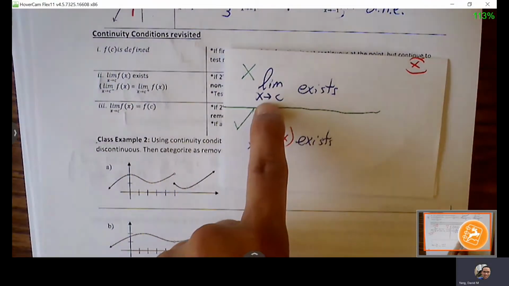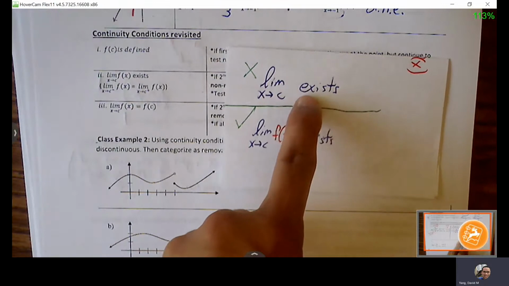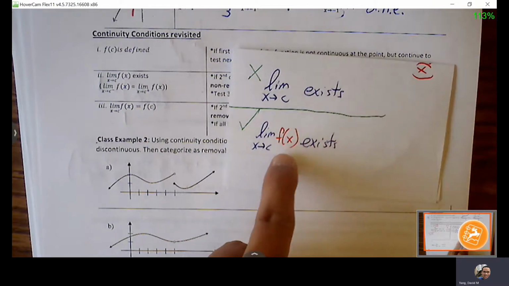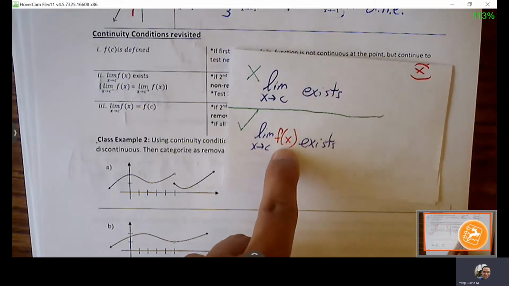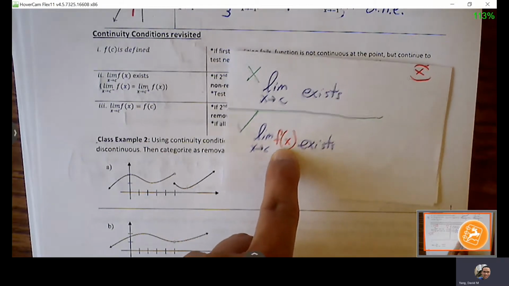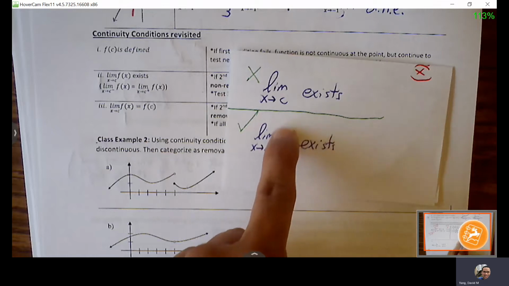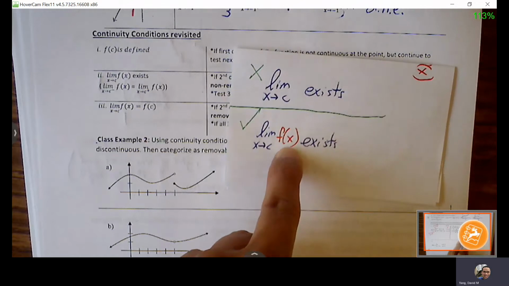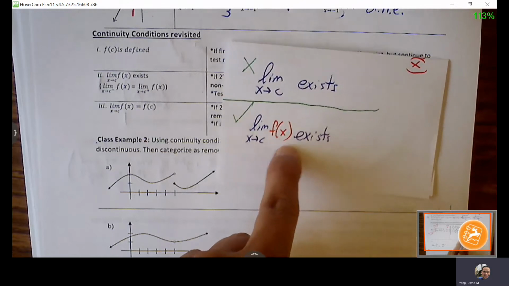I know a lot of times we say it this way: the limit as x approaches 3 exists, but we have to have something here. You have to reference a function or an expression somehow. Either you write out the full expression or you name it. But we don't want to just say limit exists. This is not proper notation. So we want to make sure that we are practicing proper notation.